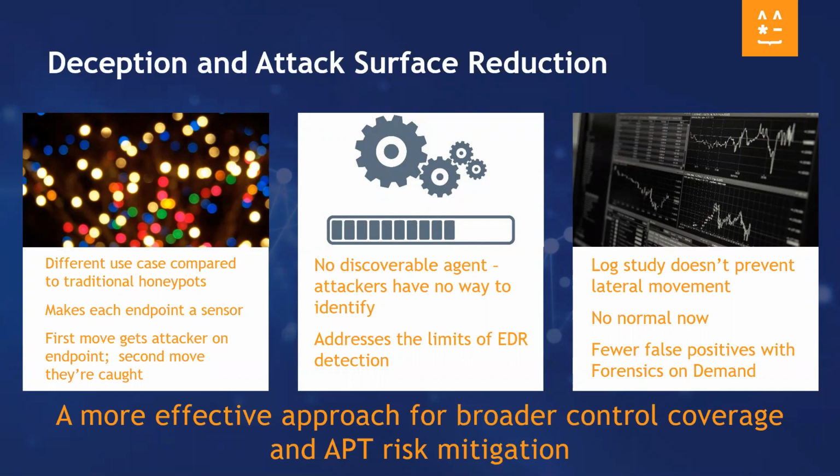You've got an environment where every endpoint is capable of detecting the sideways or lateral movement that the attacker is going to attempt in that environment. First move, second move, they are caught, because they have to make the correct decision every time as they're moving through.